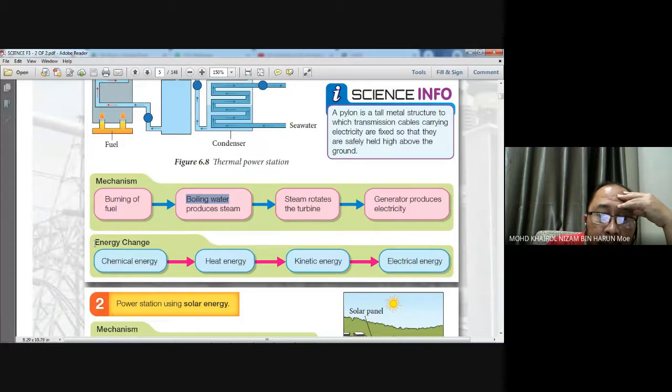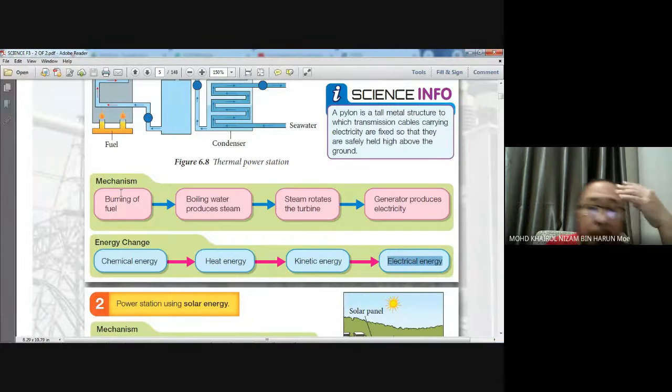Based on the energy change, chemical energy from the burning of fuel produces heat energy. This heat energy will change into kinetic energy, in which the turbine is rotated, and then the generator will produce electrical energy.